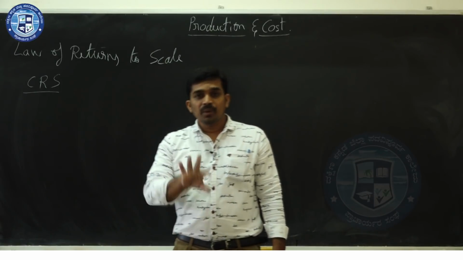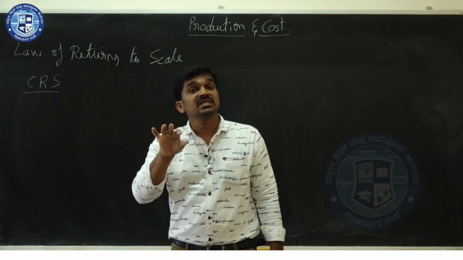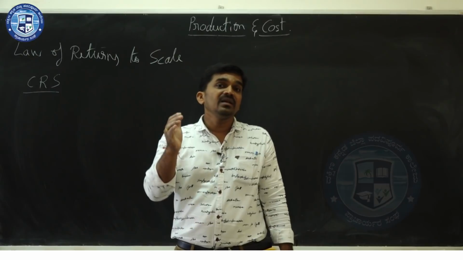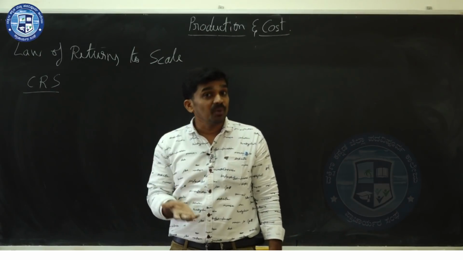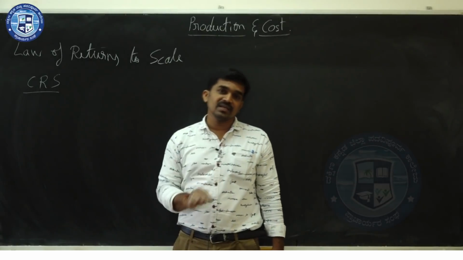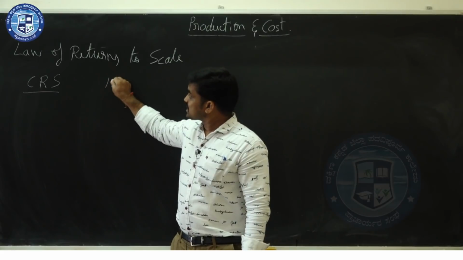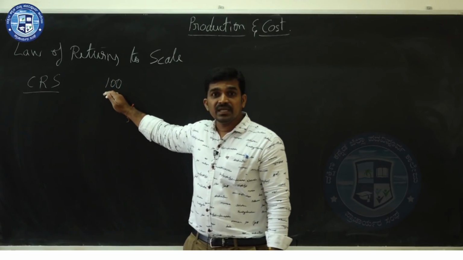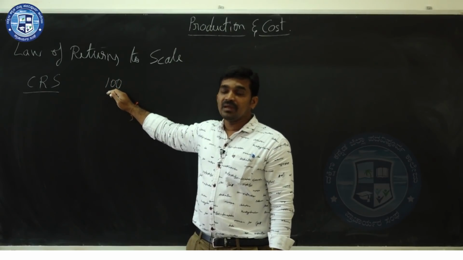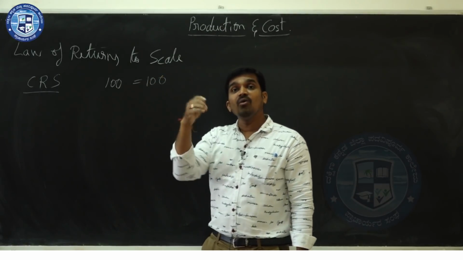When a proportionate increase in inputs results in an increase in output by the same proportion, it is called constant return to scale. For example, a 100% increase in input results in a 100% increase in output.